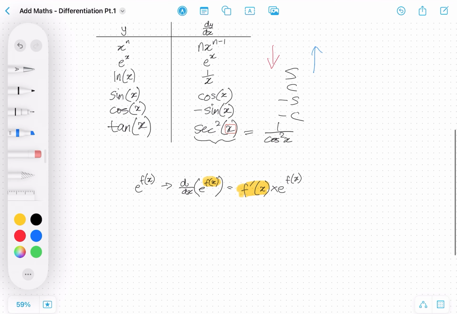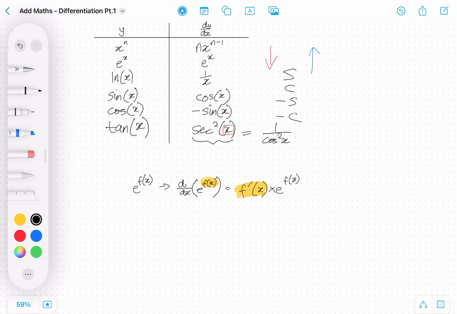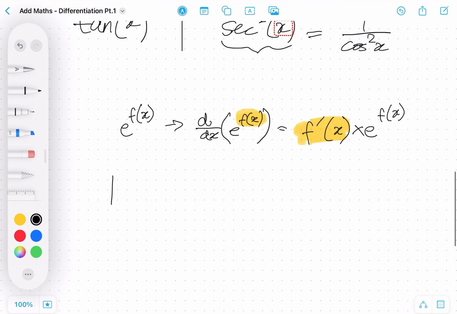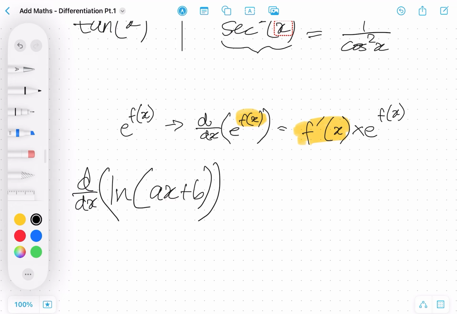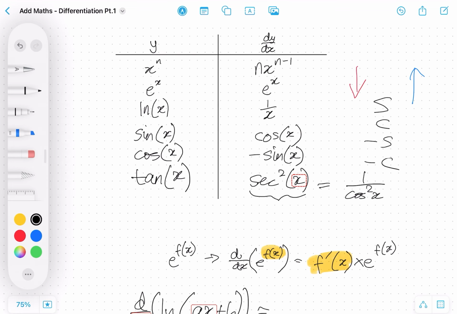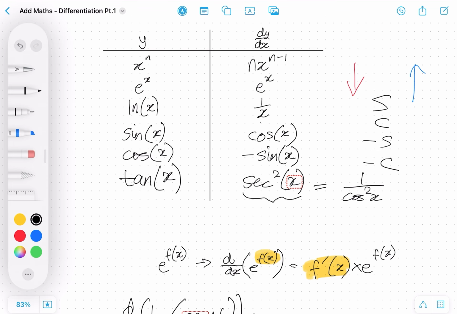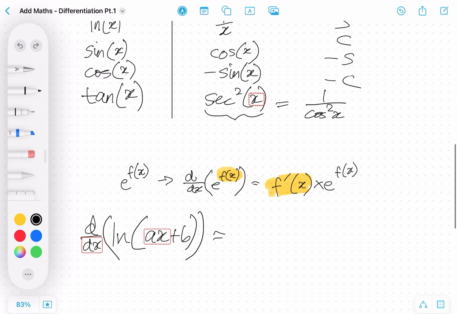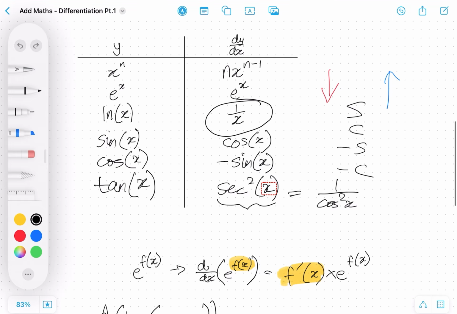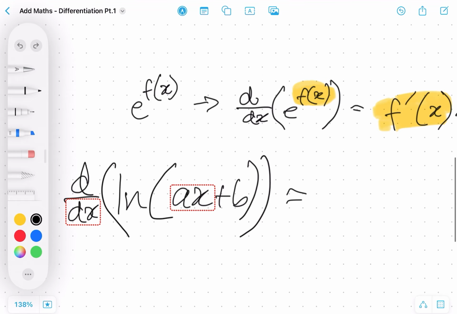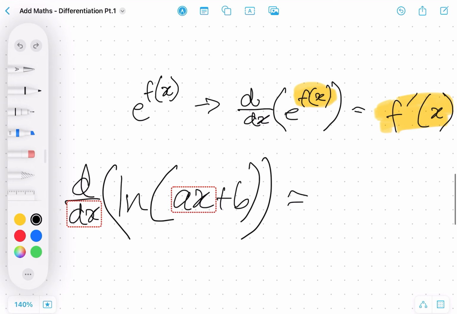So if we move on to the next case, which is natural log of x, if we had, let's say, ln of ax plus b, the derivative of this is equal to, so we know that derivative of natural log of x is just 1 over x. So using the chain rule, we just have to multiply 1 over x by the derivative of ax plus b.